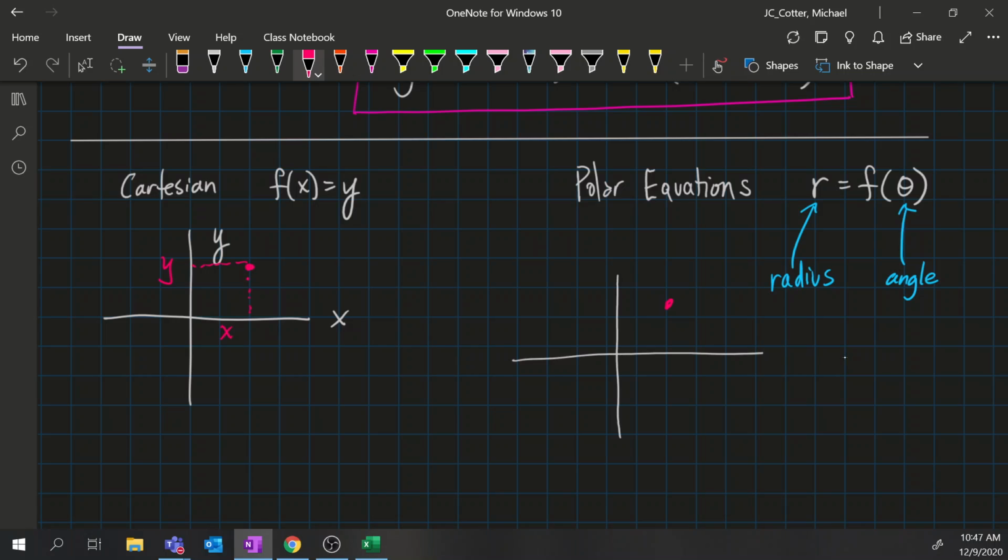In polar equations, we give this thing a coordinate based on its r value, which is how far is it from 0, 0, the radius. It's the r value is how far is it from 0, 0. And then we also want to know the angle theta. Okay, so this point here is defined by r, theta, the radius and the angle. And then you have a whole collection of points that are defined based on some equation.